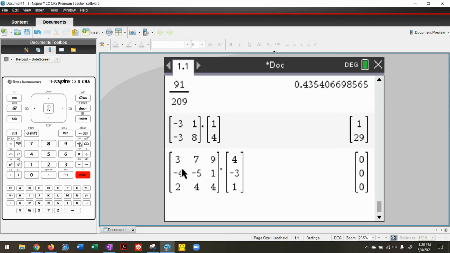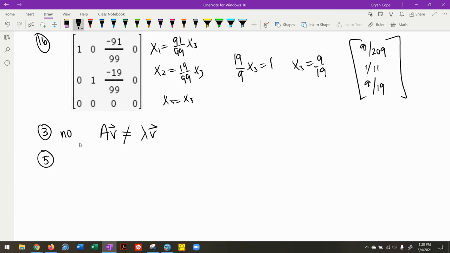Right? (0, 0, 0) is a scalar multiple of (4, -3, 1), which means that, yes, it's an eigenvector, and Av equals 0 times v. So the corresponding eigenvalue equals 0. And of course, we'll talk a lot more about that in class.